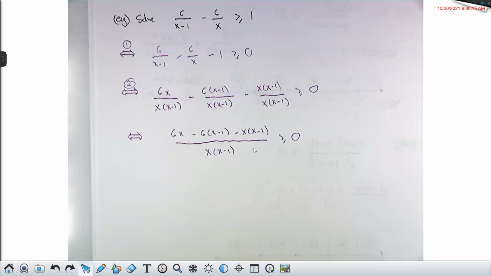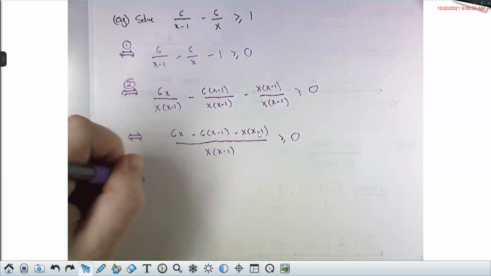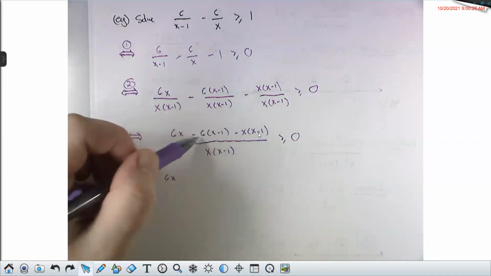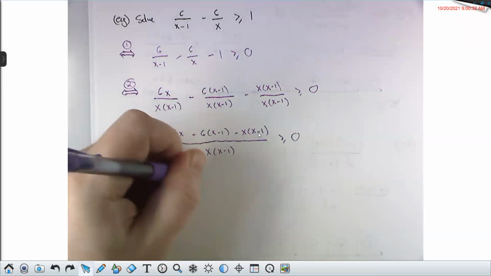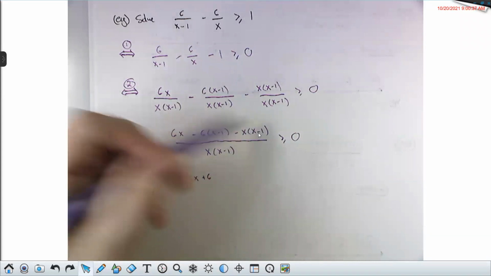Yep. Okay. So my next step is going to be to distribute everything out and combine my like terms. I'll have 6x, and then this is going to be minus 6x plus 6. And this piece will be minus x squared plus x.